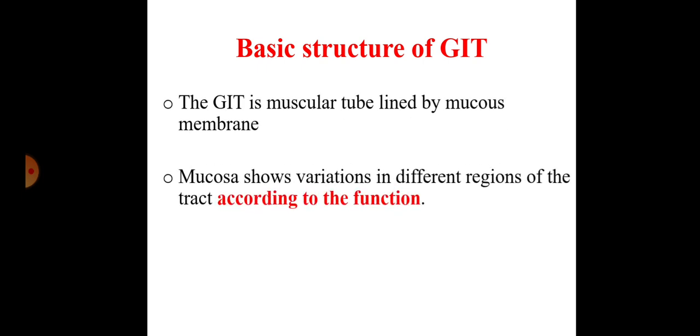The type of epithelium lining the parts of the gastrointestinal tract is different. For example, the epithelium lining the stomach is different from the epithelium lining the esophagus according to their function.